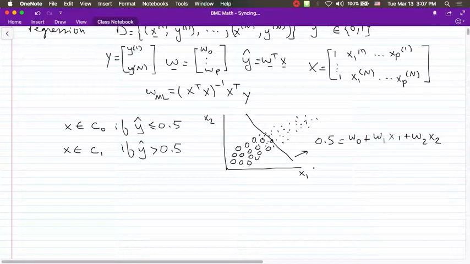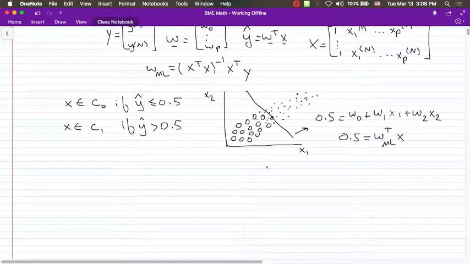That's the classifier that you found, which means 0.5 is W maximum likelihood transpose X. So this is fine. So you found a classifier that says these guys are going to be one class, these guys are going to be another class, and here's the equation for this classifier.